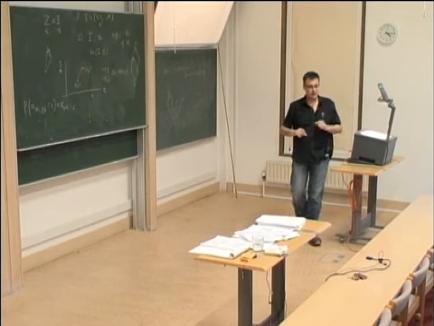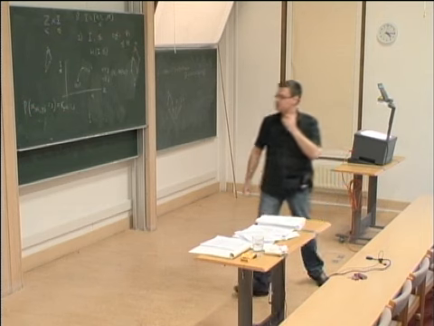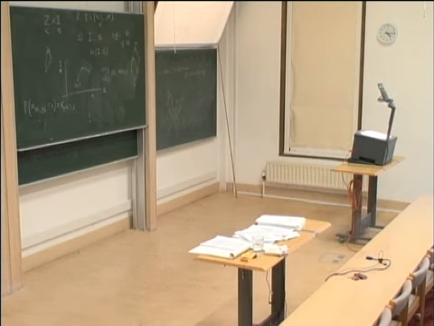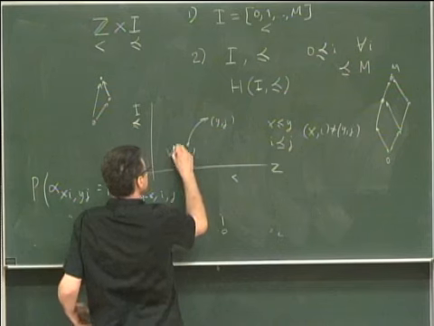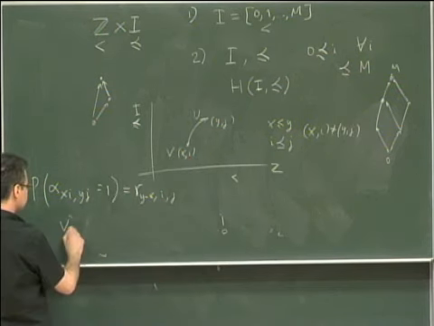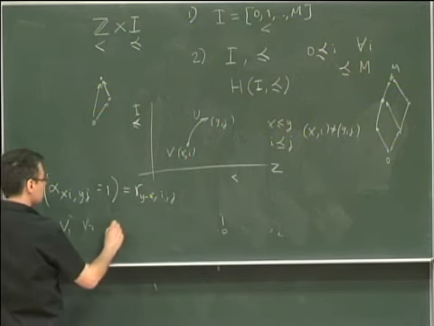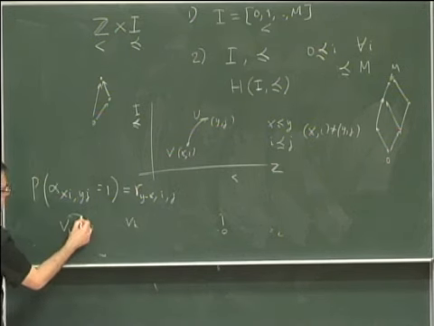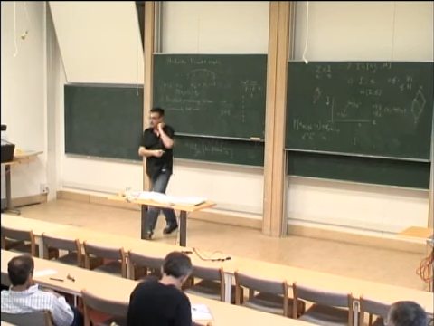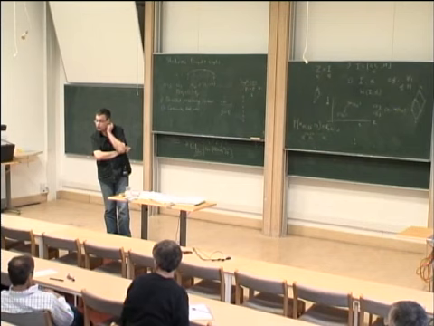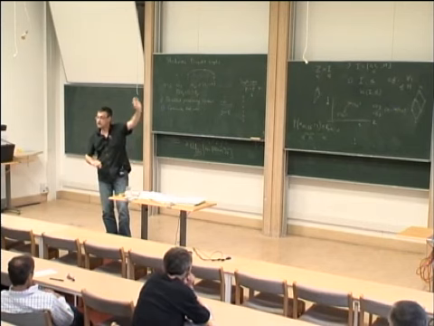So what's the definition of a path? Definition of a path is a sequence of vertices. Let's call this vertex V. Let's call this vertex U. Sequence of vertices V1, V2, Vk, such that this is an edge, this is an edge, this is an edge. It's increasing.